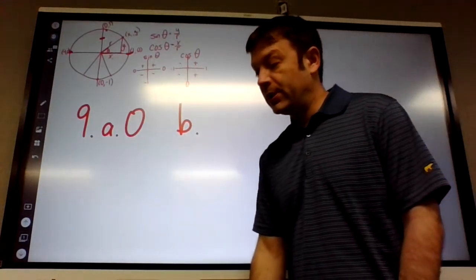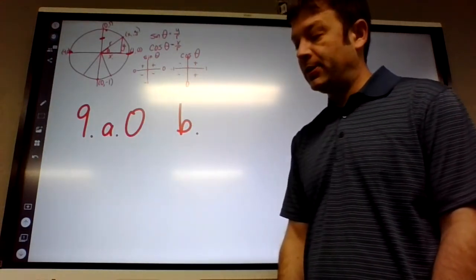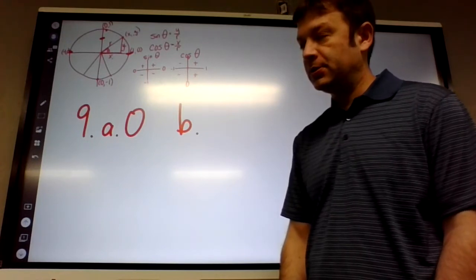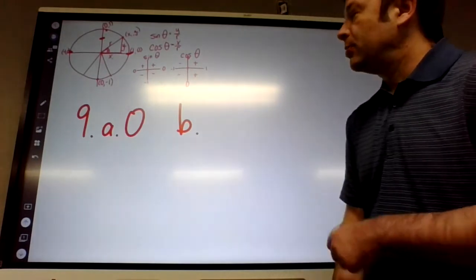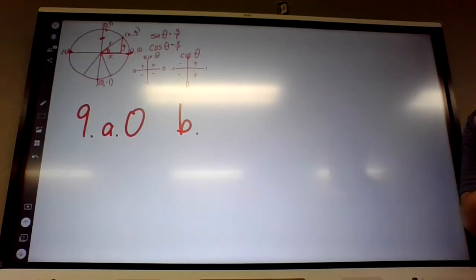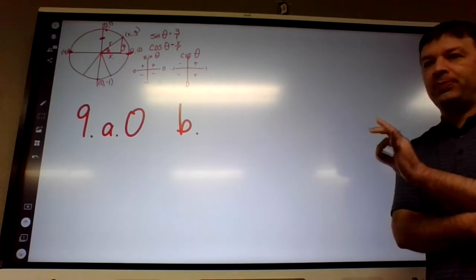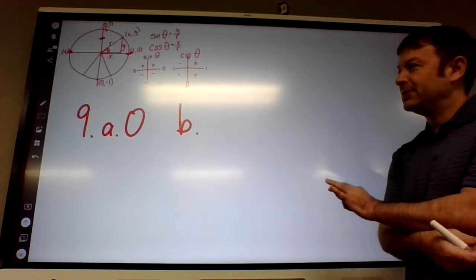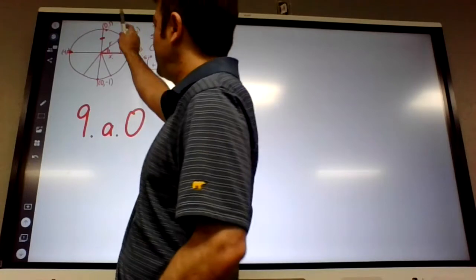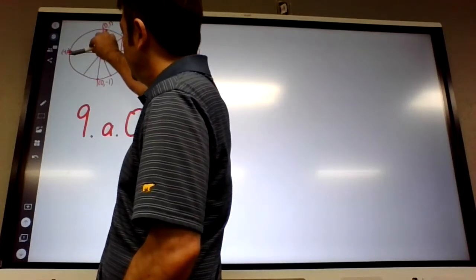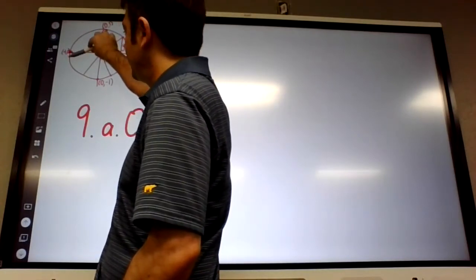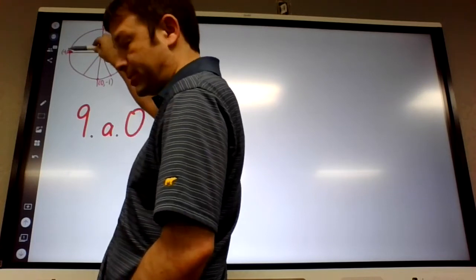Okay, B, where is 7 pi over 6? Well, 7 over 6 is like 1 and 1/6, so it's a little past 1 pi. 1 pi is out here, so 7/6 pi will be a little bit past that, in the 3rd quadrant.